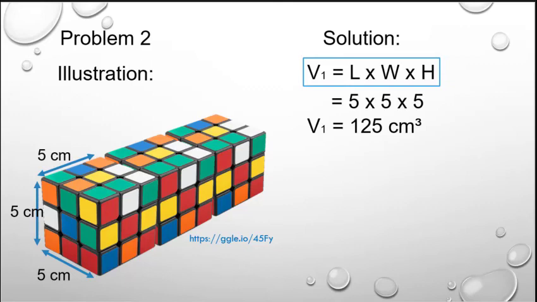Since all 3 Rubik's Cubes have the same size, the volume of the first Rubik's Cube is equivalent to the volume of the second and third Rubik's Cube.